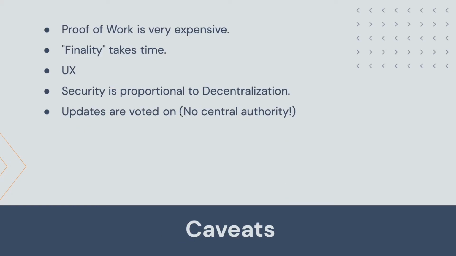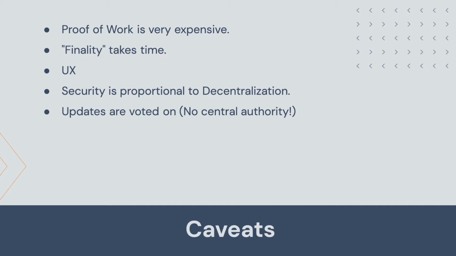Yes, here are the caveats, of course. Nothing is perfect. It is a piece of technology, and we have to understand that there are things that can be improved still. Number one, the proof of work is very expensive. This is the reason why Bitcoin consumes as much energy as a small country.